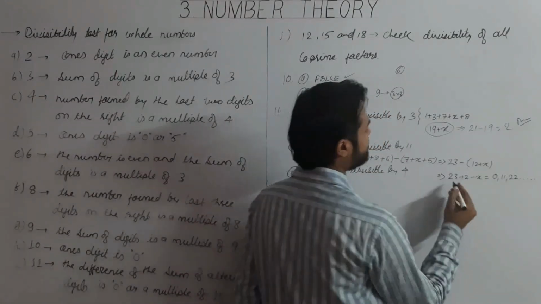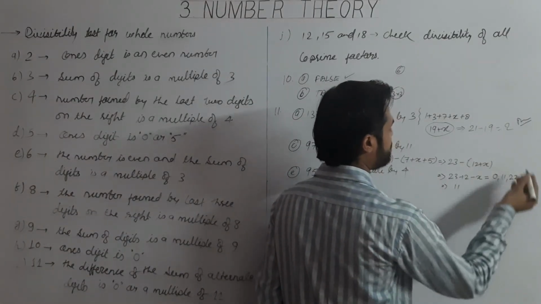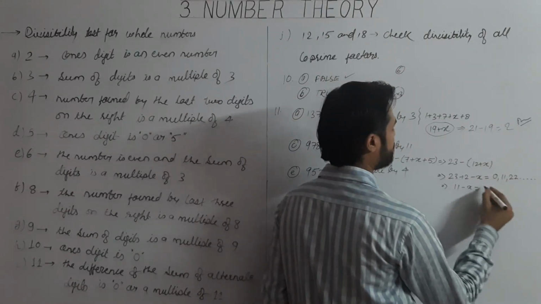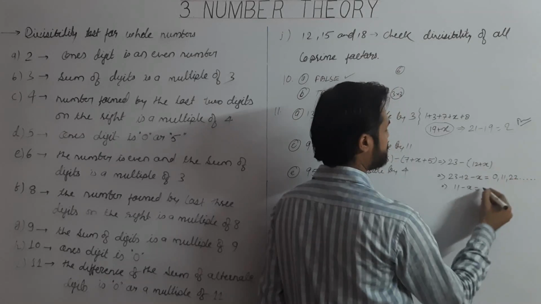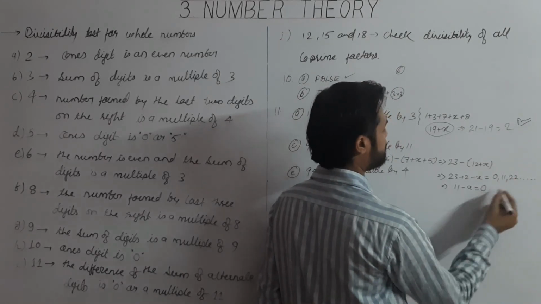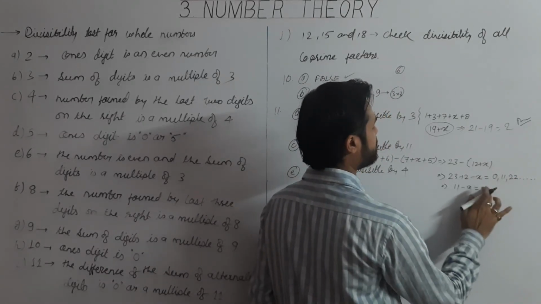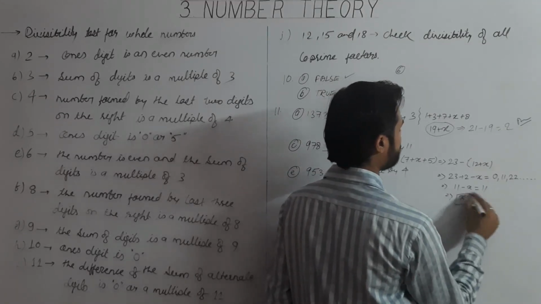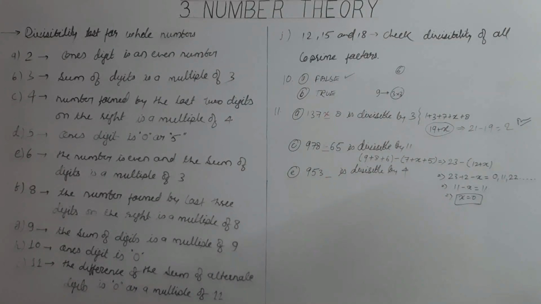So here 23 minus 12 is already 11. So for the minimum or least value of x, the value of x will be 0. So 0 is the least value of x.